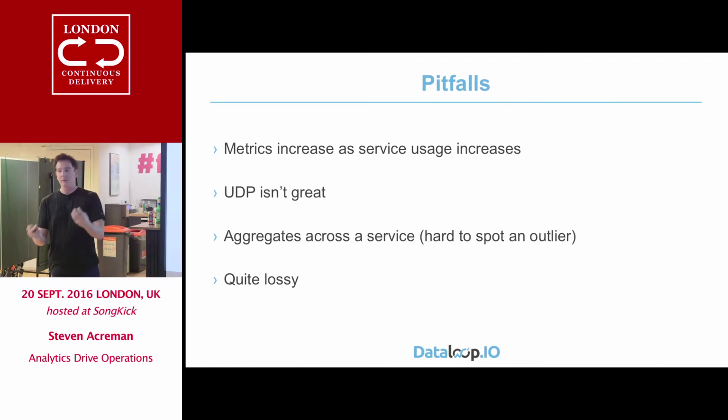So you can't get back to the individual node, you just get the service level, which is okay as an indication. Developers are quite happy just to see how their service is running as an aggregate, but when you've got a proper problem, you want to work out which box it is, because normally one of them's gone a bit wonky. So not only do you lose that specific host, it's also lossy.